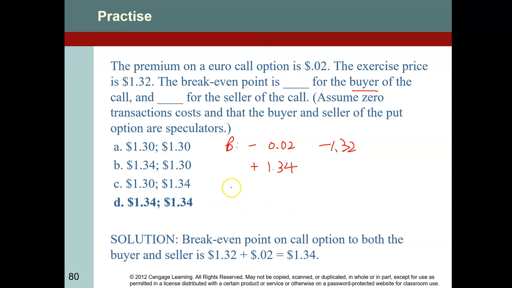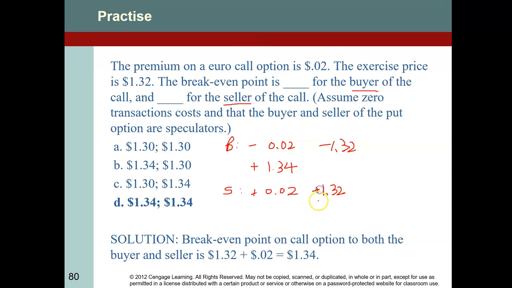And for the seller, let me mark it as S. First of all, we're going to receive 0.02 as our premium, right? And then when the buyer exercises the option, we're also going to receive 1.32.